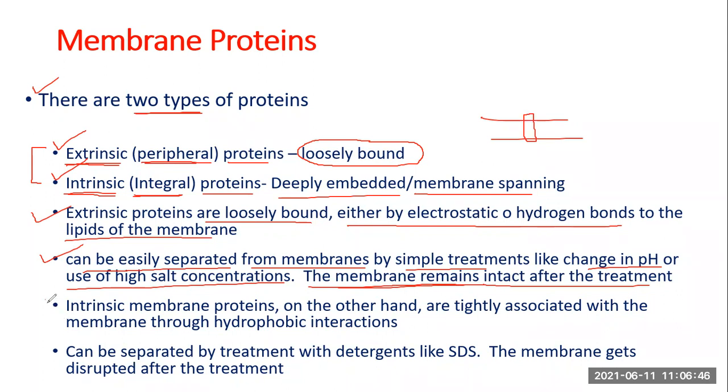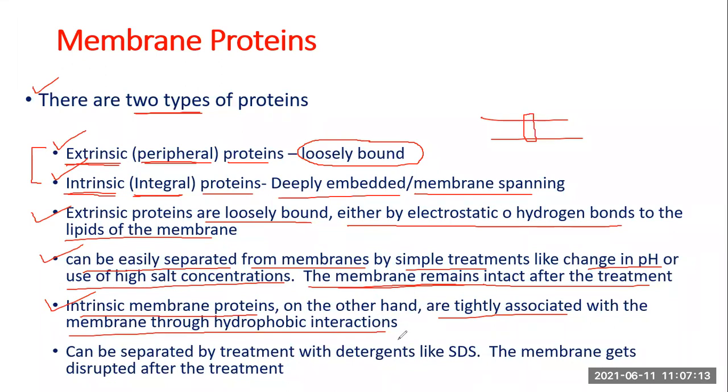On the other hand, intrinsic proteins or integral membrane proteins or membrane spanning proteins are tightly associated with the membrane through a large number of hydrophobic interactions. See, the different kinds of bonds are there. You have hydrogen bonds or electrostatic interactions over there. Here in case of integral membrane proteins, the interaction type is hydrophobic in nature.